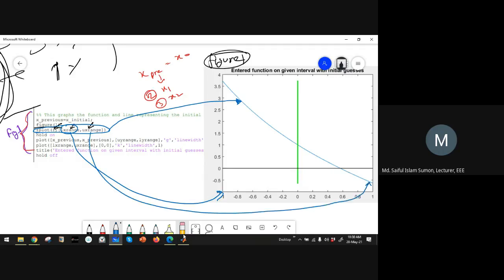So from here to here, my f(x) is drawn. This is the line. Are you okay with this line? Any problem? No, sir. Okay, very good.